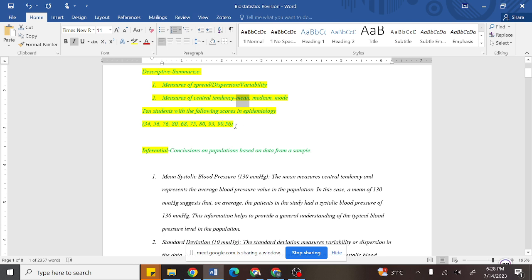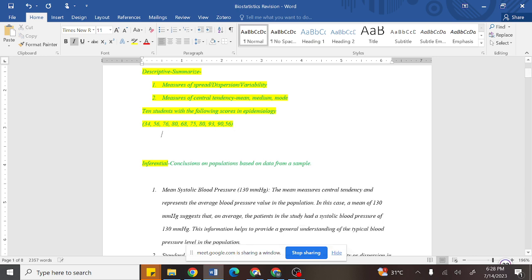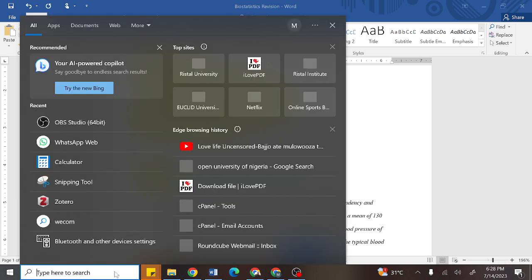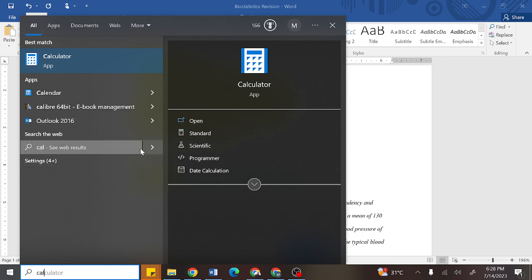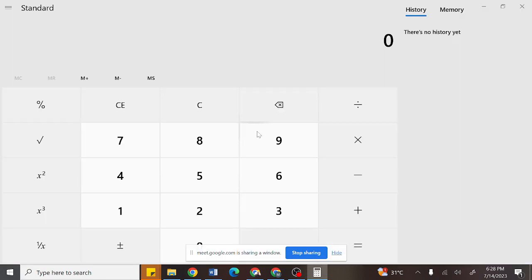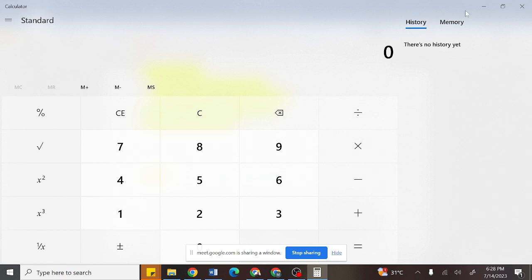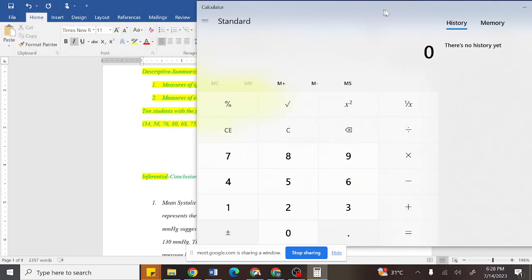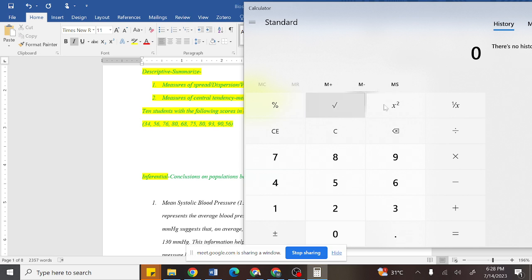So if you add this, can someone tell us the mean here? Use your calculator if you have one. Anyone who has added?